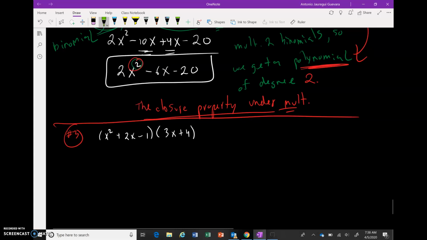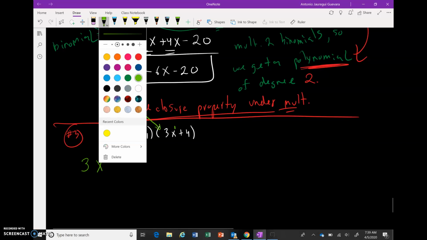I'm going to do this pink. With this term, I'm going to do it with green. So let's do x squared times 3x gives us 3x, and remember, guys, this has a little exponent of 1.